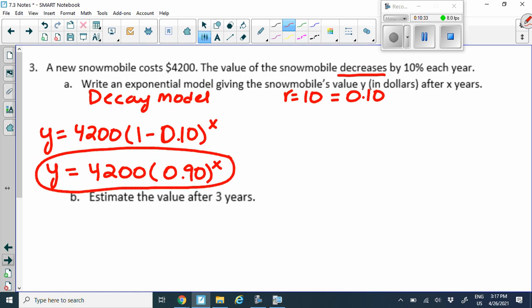Now I'm going to use my model to estimate the value of the snowmobile after 3 years. So x represents the years, so x is going to be 3. So I'm going to have y equals 42,000 times 0.9 to the third power. And then we can just plug this into our calculator.